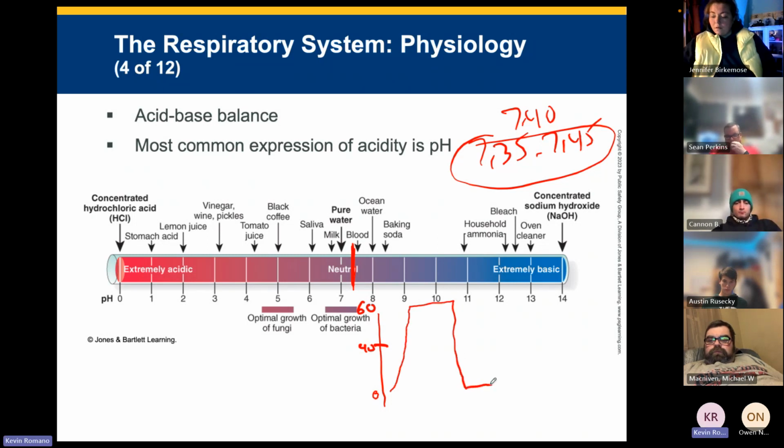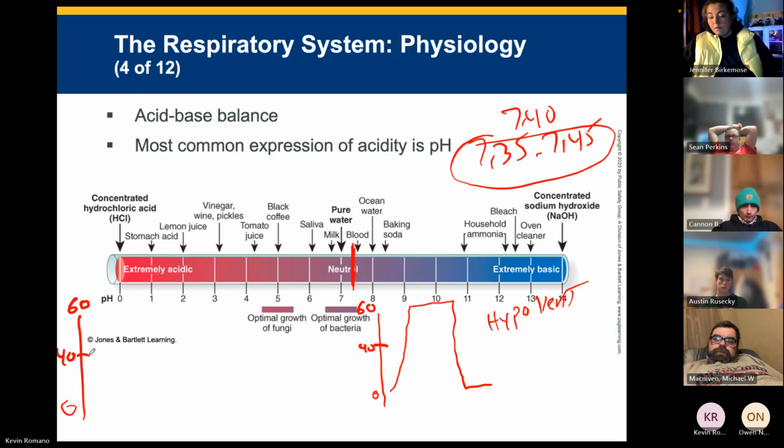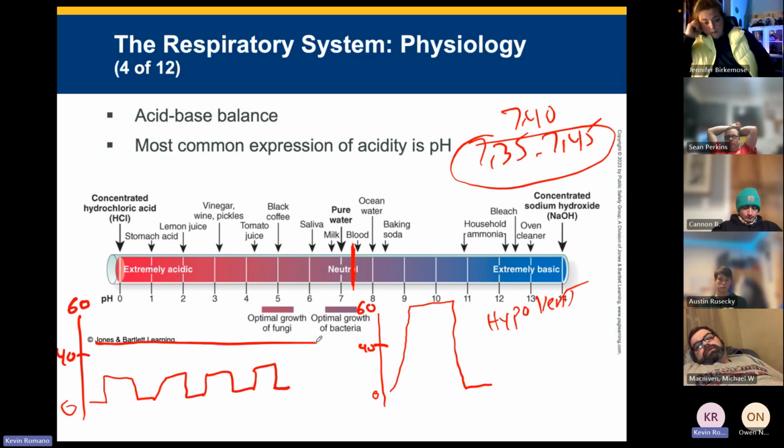These are going to be patients that are hypoventilating. Patients that are hyperventilating are now blowing off CO2. Let's say we have the 60, 0, and 40 being here. We're going to see lower numbers like this. It'll be in a faster pattern, but below the 40 line.